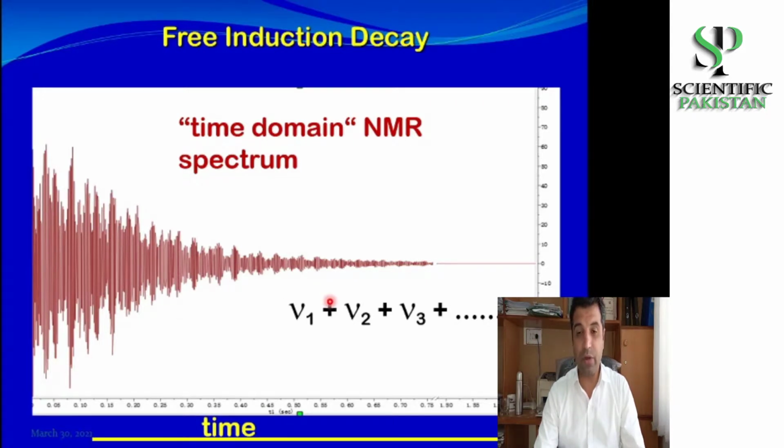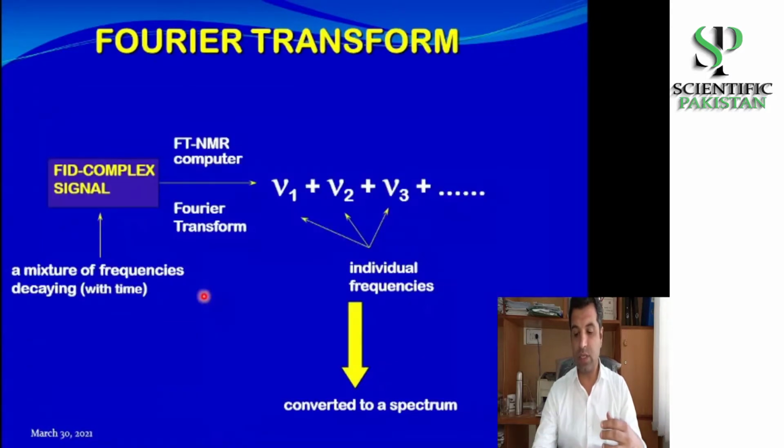We cannot interpret it, we cannot read it, we cannot extract any information from this FID about the structure of the molecule. So what we need to do is to convert it into a frequency domain spectrum.